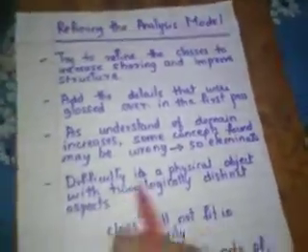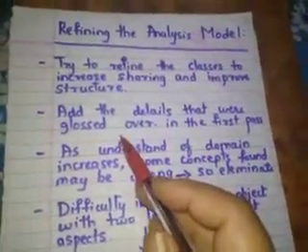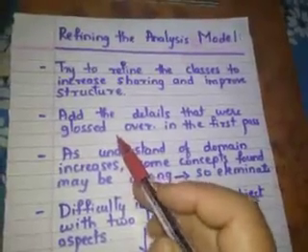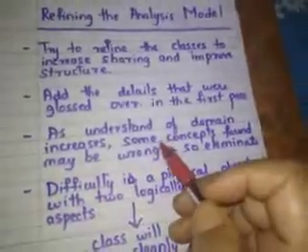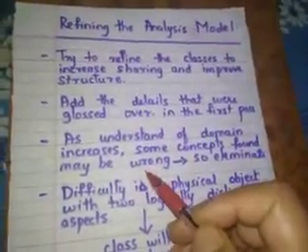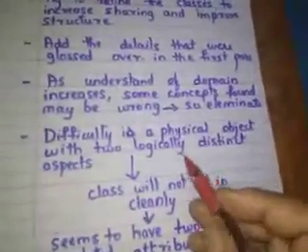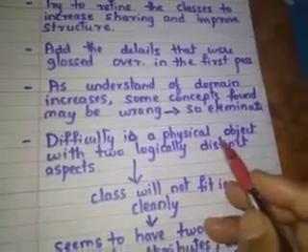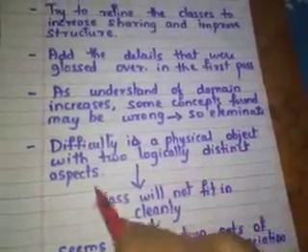Next, we may need to add the details which may have been lost before I understood it. I might have missed them, so we need to add them. As understanding about the domain goes on increasing, it helps us to make it a better one. Sometimes what happens in reality, the physical object which we have identified as a concept might have logically distinct aspects.